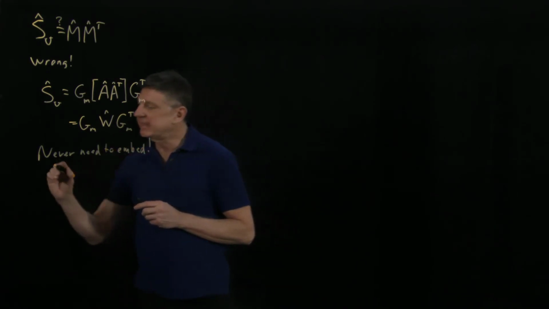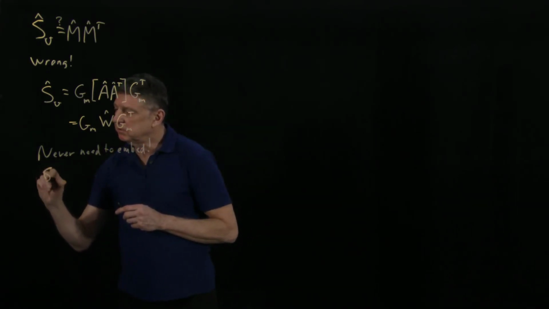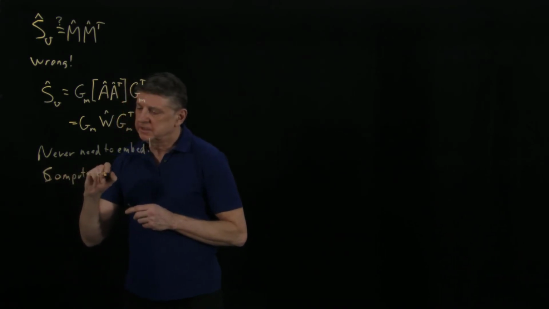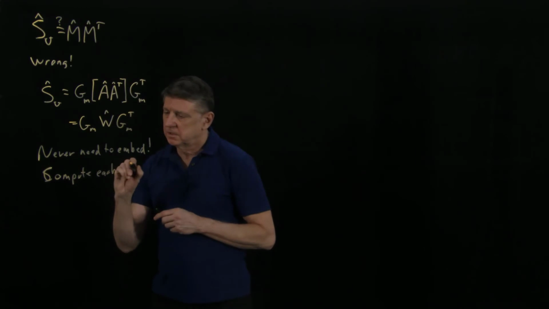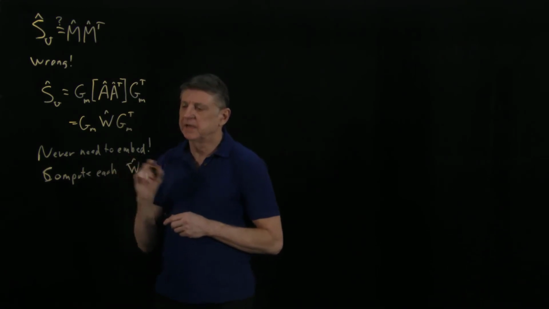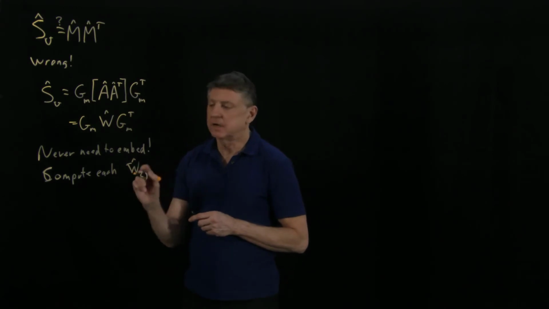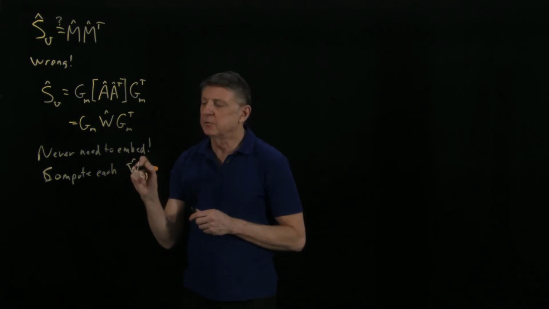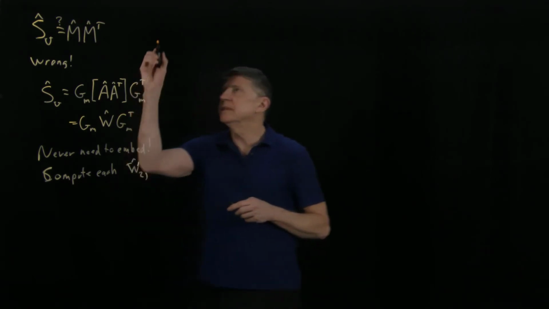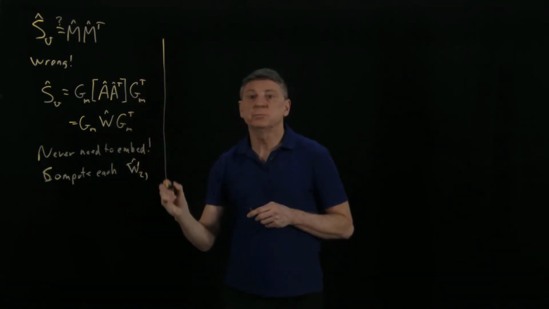So instead we compute each entry ij of this gram matrix, and we do that using the kernel function. So this gives us Kernel PCA.